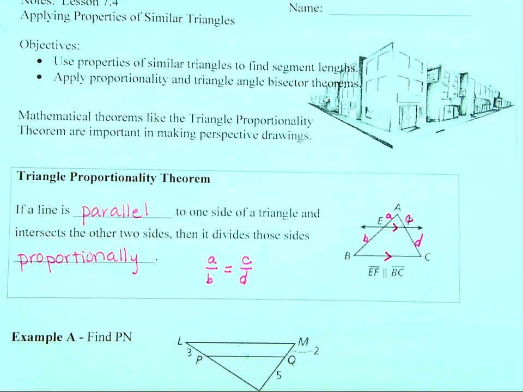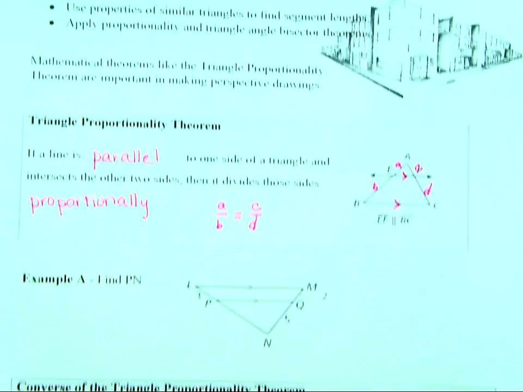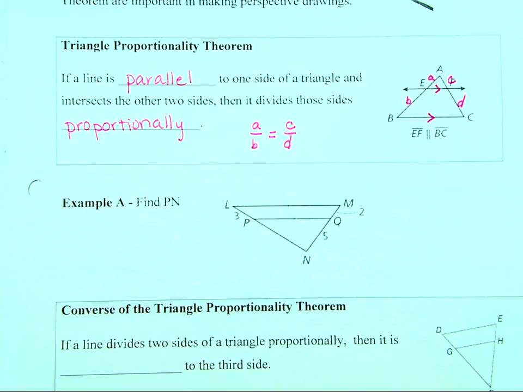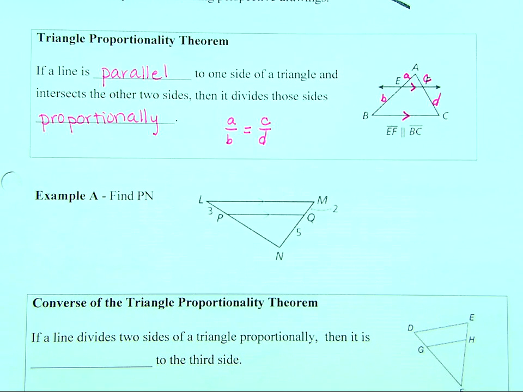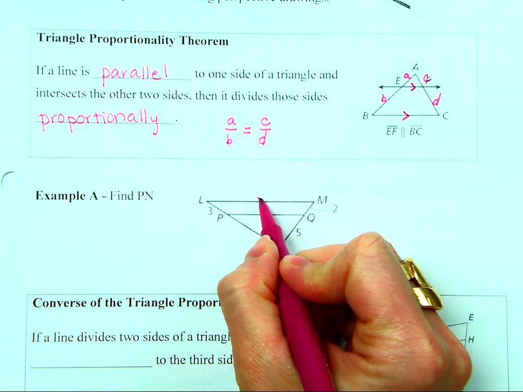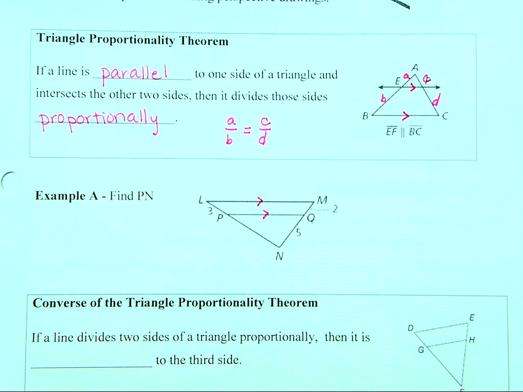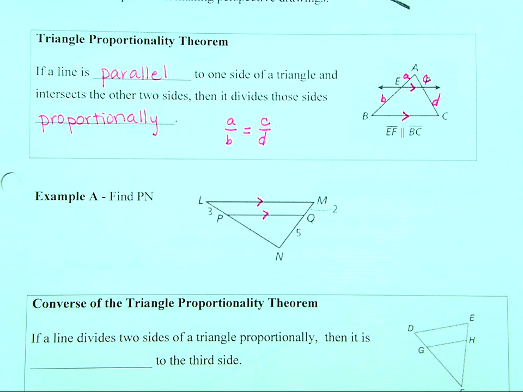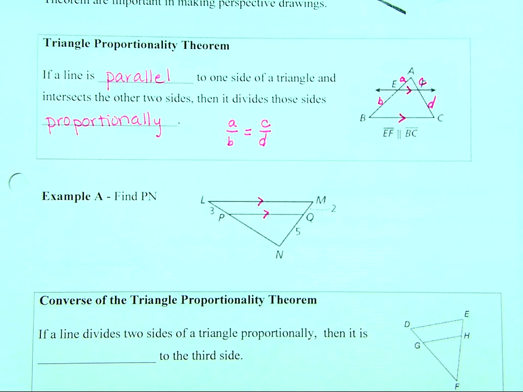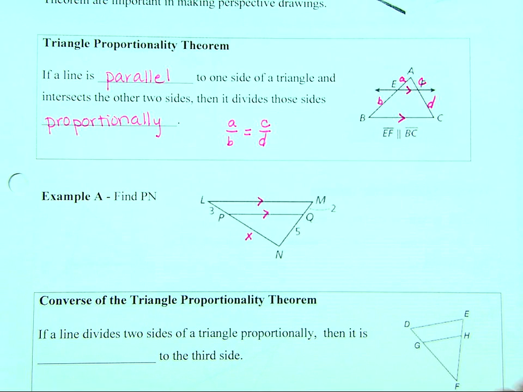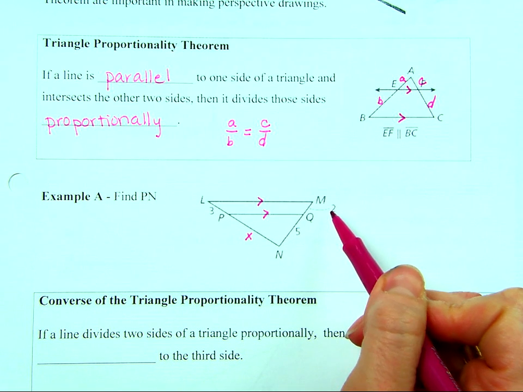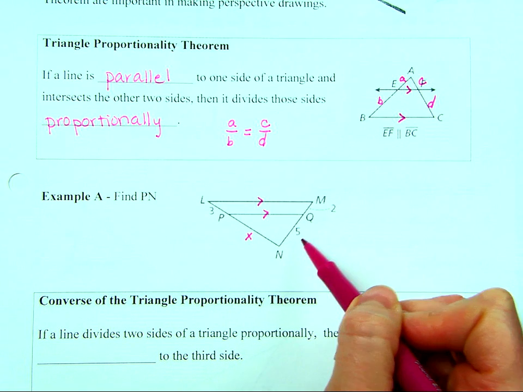Let's take a look at that example with some numbers. If you look at example A, we have our triangle LMN, and I can see that my PQ segment is parallel. Now, as I look, it asks me to find side PN. So if I call side PN X, over here, I see my side divided into a ratio of 2 to 5.